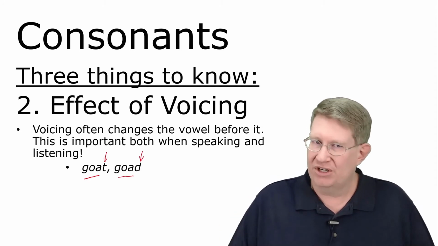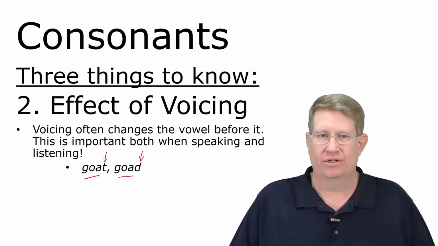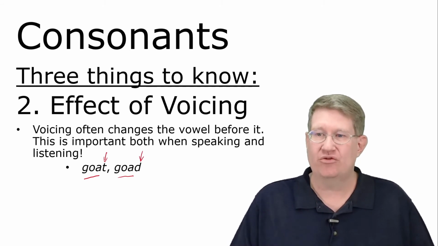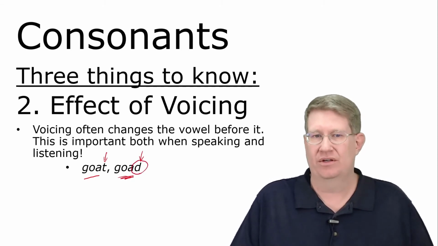So we know that, but don't listen to that. Listen to the vowel sound that comes before. Goat. All right, now listen to the second one. Goad. The vowel sound is the same, but I stretch it out with the second one. I stretch it out here. Why? Because this is voiced.